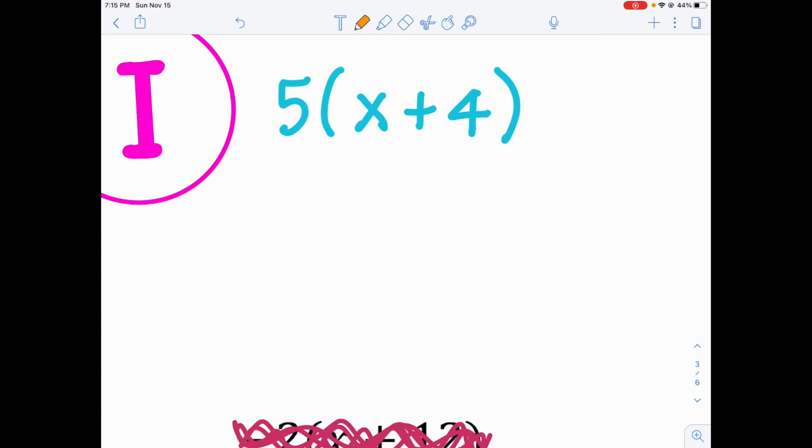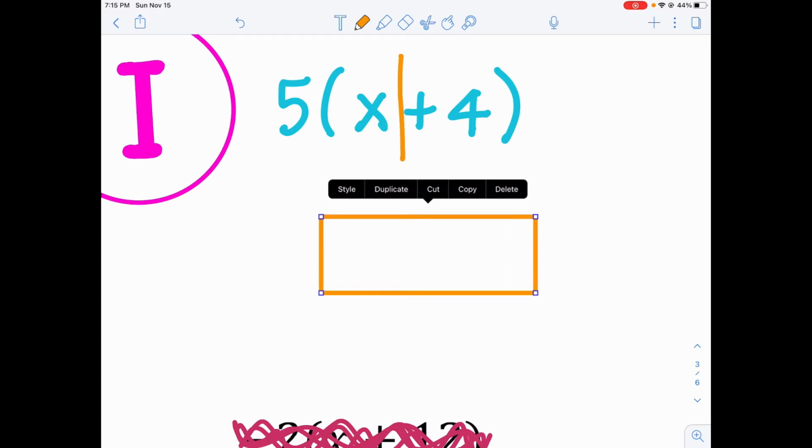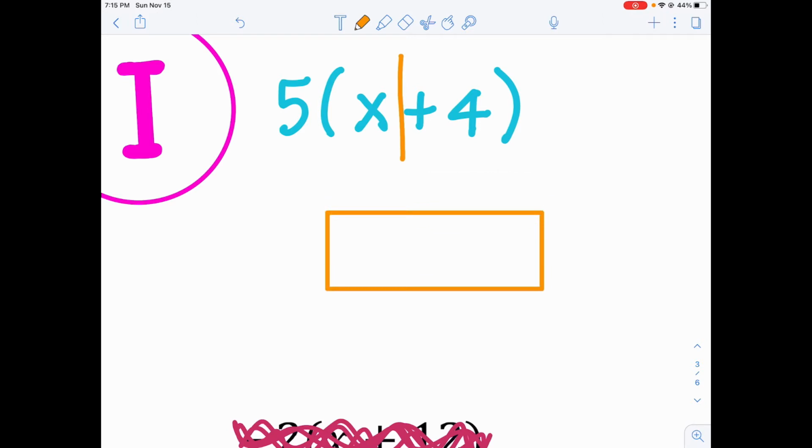So once again, we're looking inside the parentheses, and I see that I have 2 terms. So 2 terms, 2 boxes. Make that a little wider. Okay, so I have my 2 boxes.